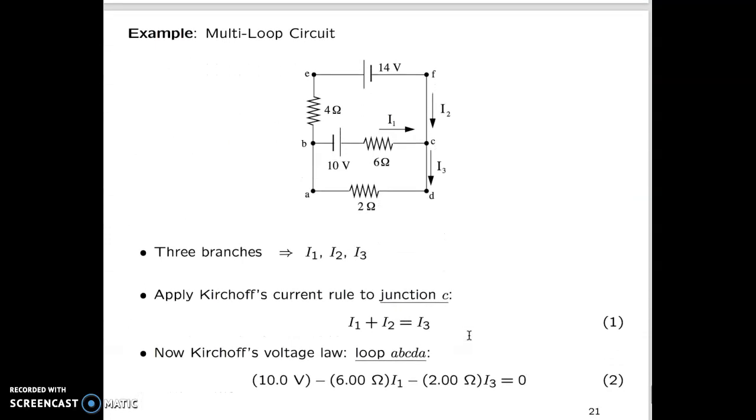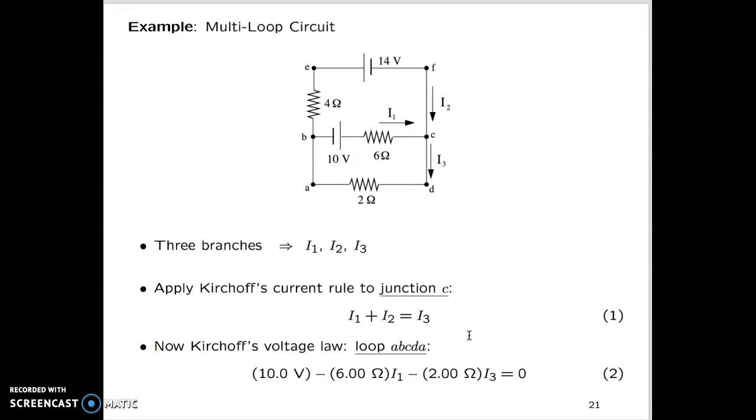Okay, let's continue and look at a somewhat more complicated circuit. This is a circuit with 3 distinct branches. We have a branch here, a branch in the middle, and a branch in the bottom. A branch is identified as follows: I can go along this path between points B and C, and I don't come to any other junctions.